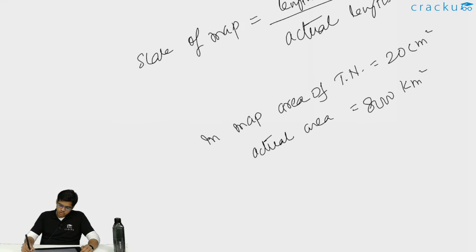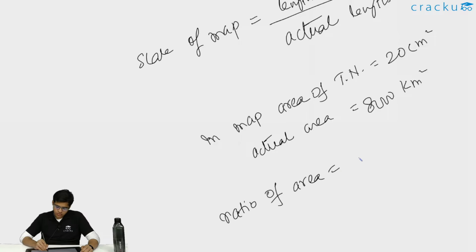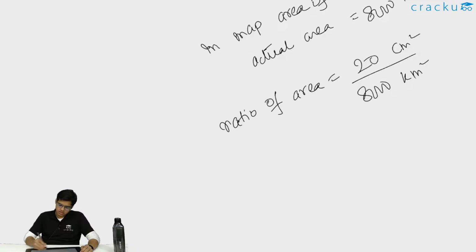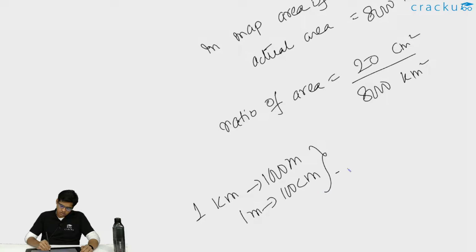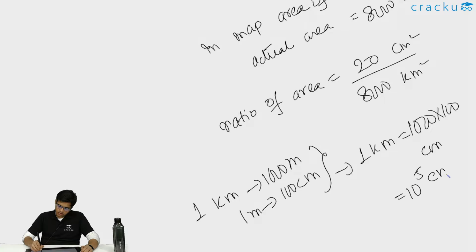So if we take the ratio of area, it is 20 centimeters square upon 8,000 kilometers square. Now we know, guys, 1 kilometer equals 1000 meter, 1 meter equals 100 centimeter. So I can write 1 kilometer as 1000 into 100 centimeter, which is 10 to the power 5 centimeter.